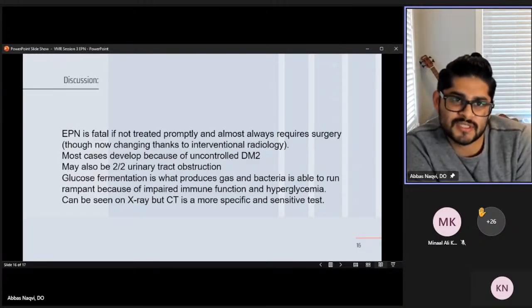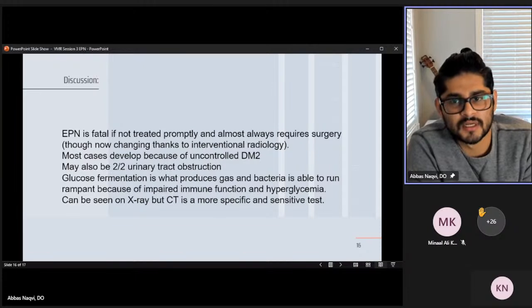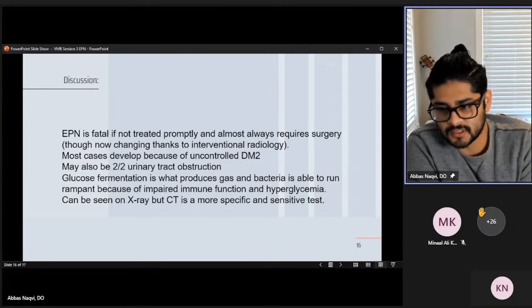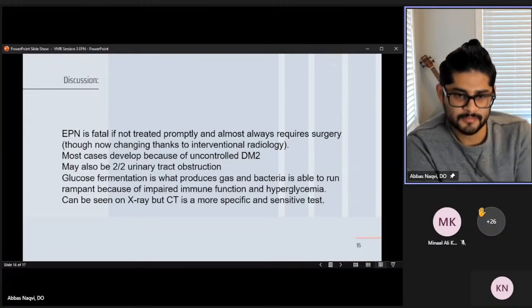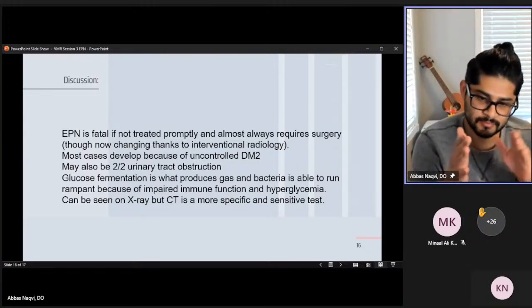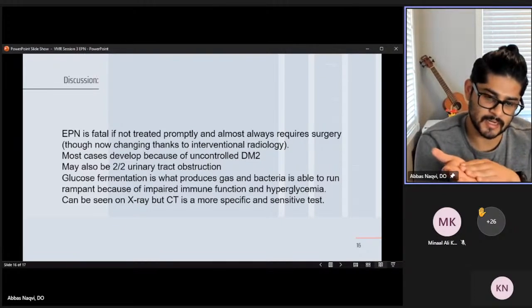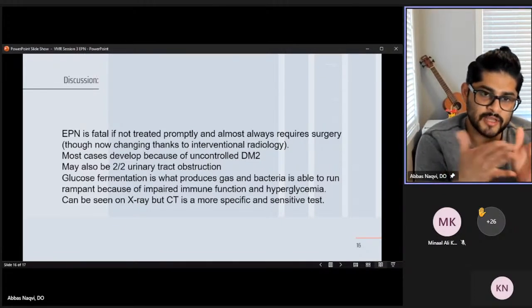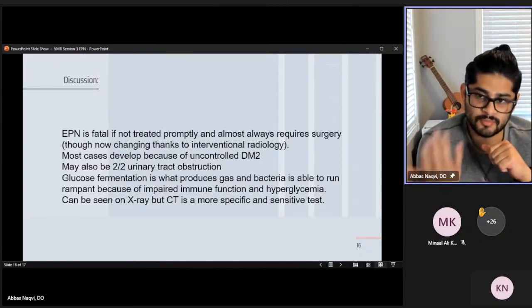Even at A1C levels of 10, I never see this. And for the most part, people get treated a lot faster. So it's not necessarily every patient that has uncontrolled diabetes and a UTI that goes into a pyelonephritis.